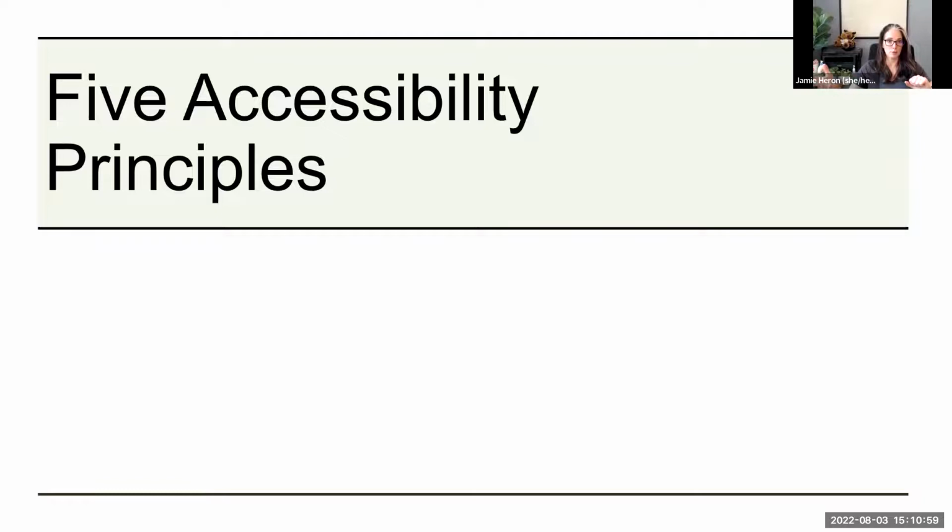So if you can just look at these 5 accessibility principles that I'm going to demonstrate to you in the next couple of minutes and commit to saying, yes, going forward, all of my materials, I'm going to use these 5 principles, and then maybe commit to one item a semester working on it. So maybe go back and look through all of your PowerPoints and make sure that all of the images have alt text.